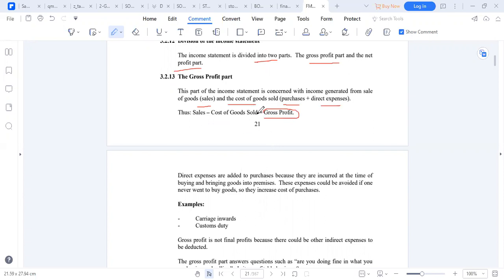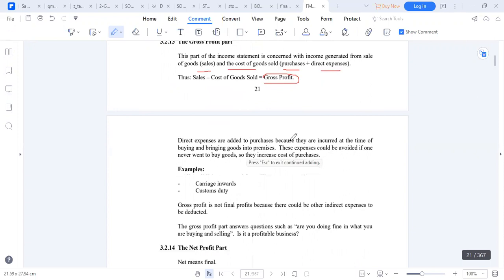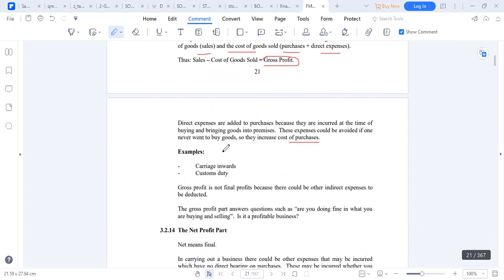Under the cost of sales, we have a component where the purchases come in. Purchases are goods that are bought. And as we buy goods and bring them into the business, we incur expenses of transportation and customs duty.